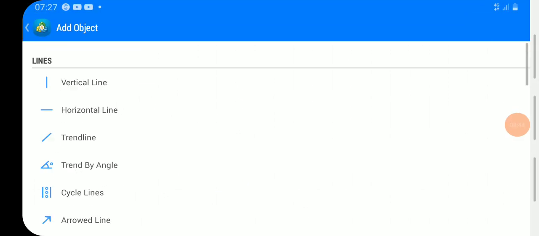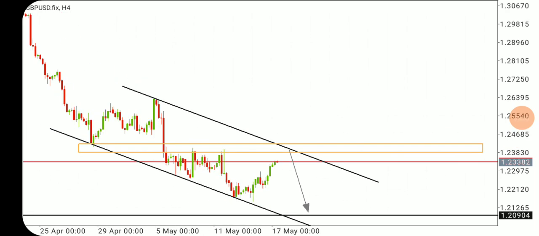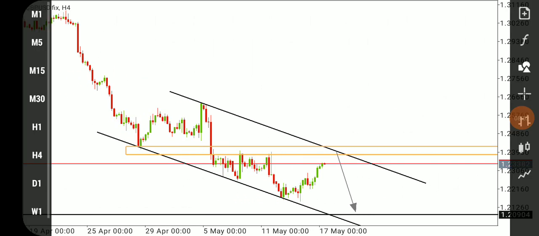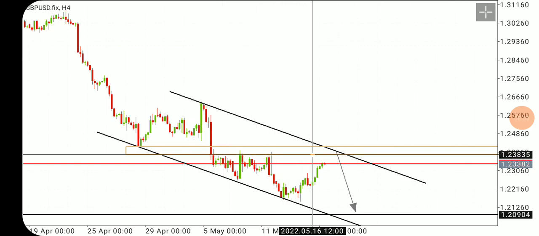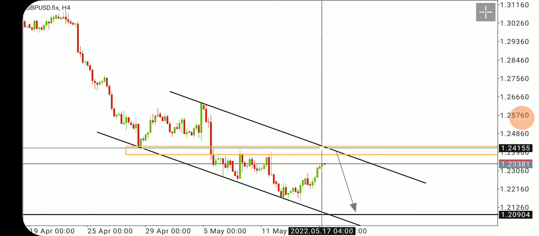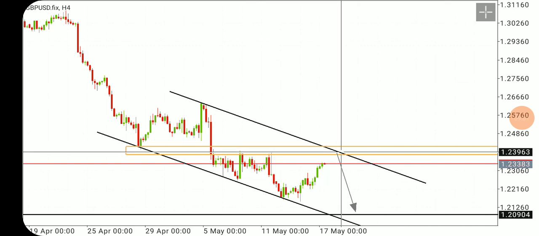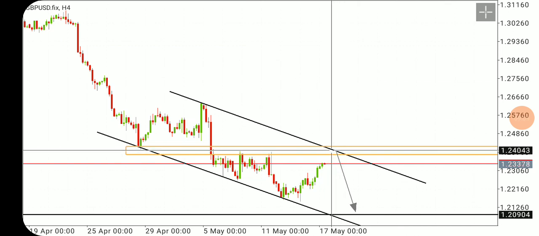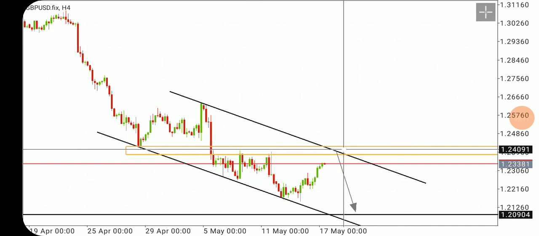My plan with GBP USD is that I will enter sells right here. Now you'll have to be smart before you enter those trades, guys. I will enter with those sells right here.